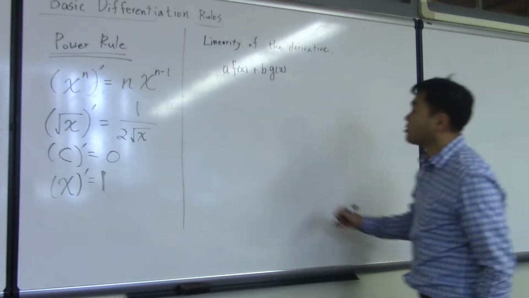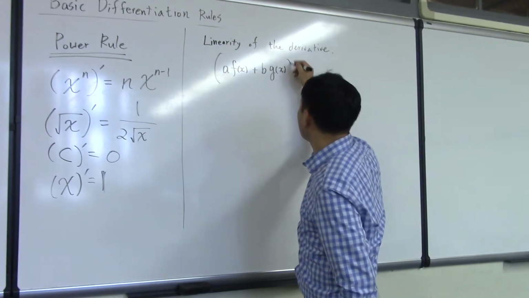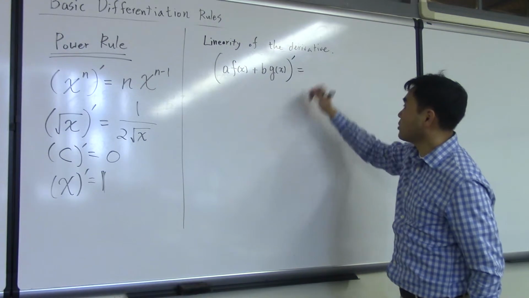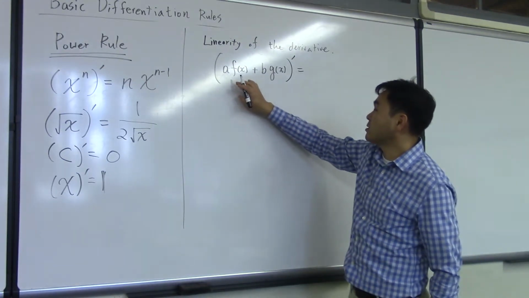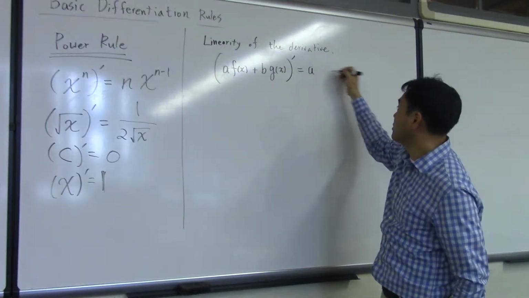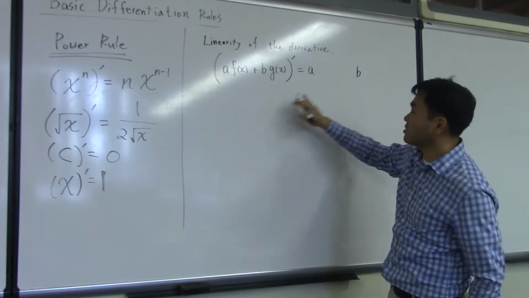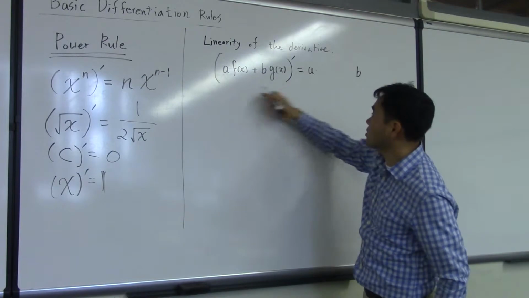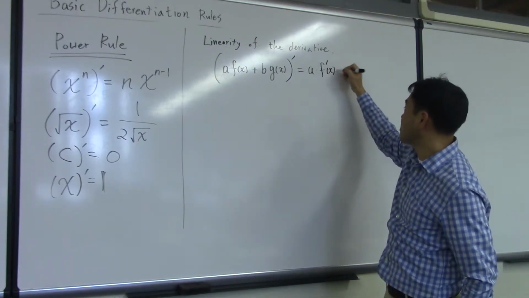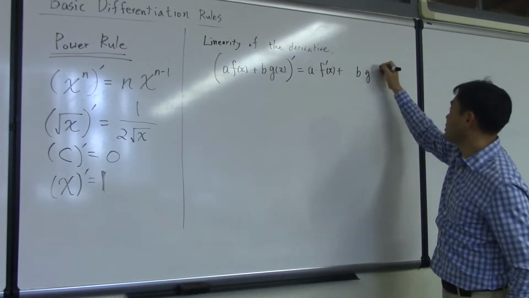If you have such a form, then you're allowed to differentiate in an easier way. And the derivative works like this. The constants are kind of ignored. Constants are just there, and f gets the derivative, and g gets the derivative.